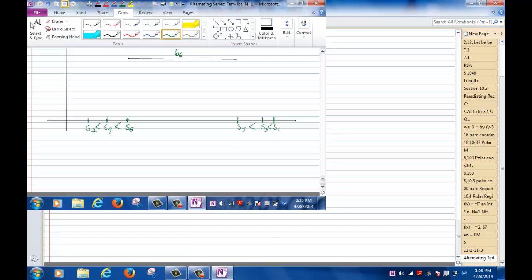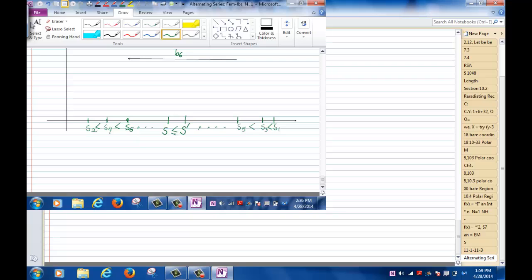So this is bounded. Because you have an increasing sequence of partial sums that is bounded above, the sequence of even partial sums will converge to some number S. Same way, the sequence of odd partial sums will converge to some number S prime. Okay?